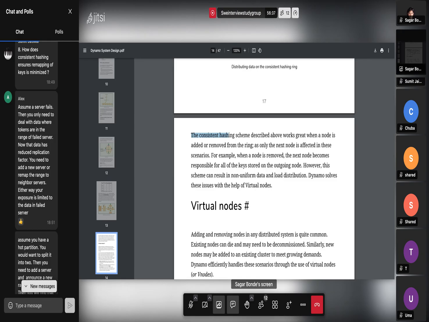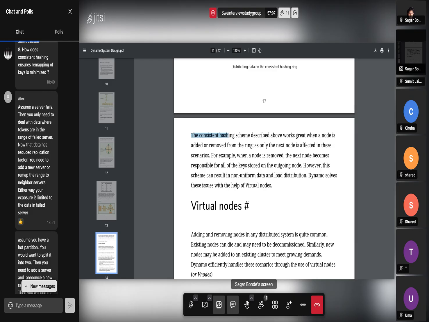For example, when a node is removed, the next node becomes responsible for all the keys stored on the outgoing node. However, this scheme can result in non-uniform data and load distribution. Dynamo solved this issue with the help of virtual nodes.